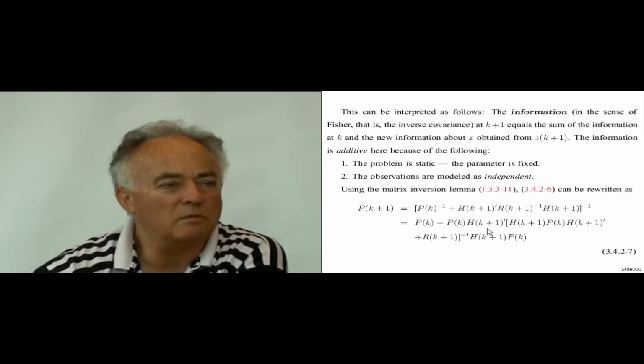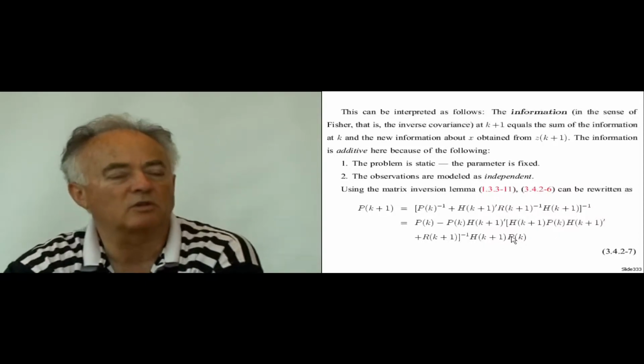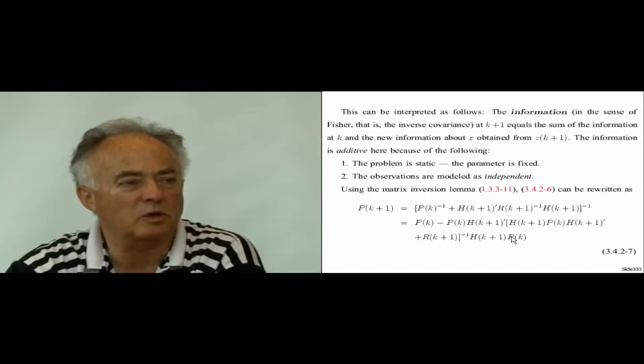And now with the matrix inversion lemma, this becomes P k minus P k H k plus 1 prime, open the brackets here, H k plus 1 P k H k plus 1 prime plus R k plus 1, this whole thing inverse, H k plus 1 P k. So we can see now a second form for the covariance equation: one for its inverse, there is a recursion, then there is a recursion for the matrix itself.